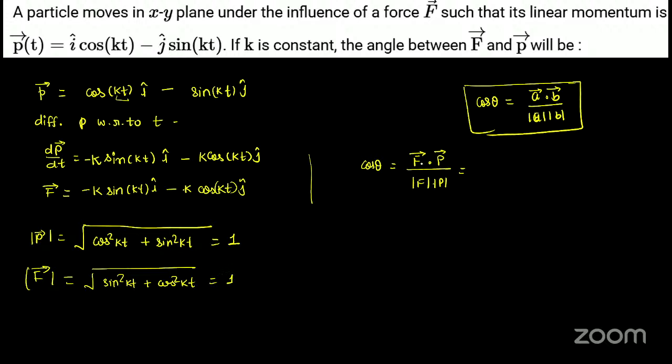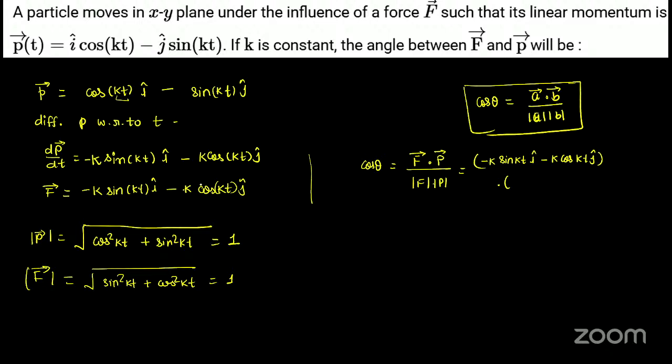Okay. Now f vector dot p vector. F vector is minus k sin kt i cap minus k cos kt j cap. This one, dot product with p vector.